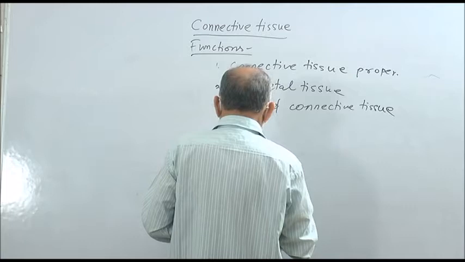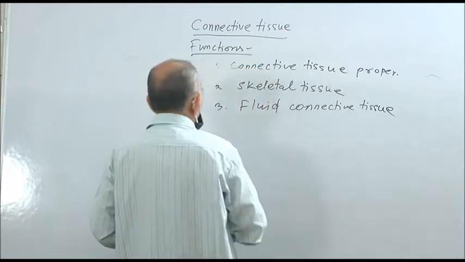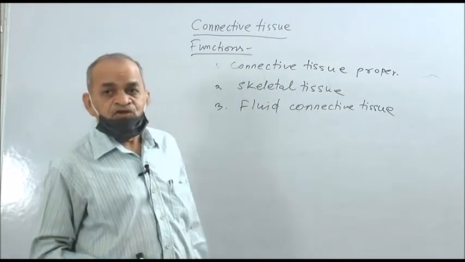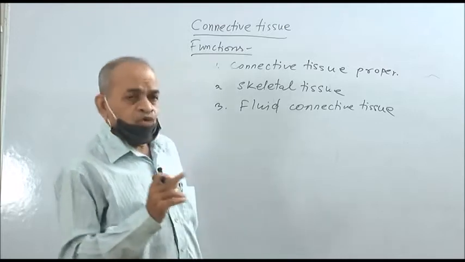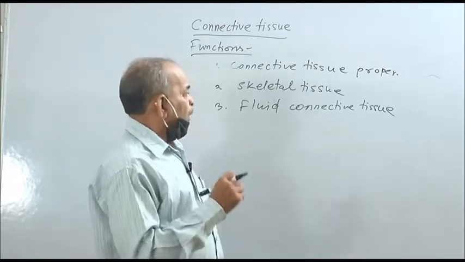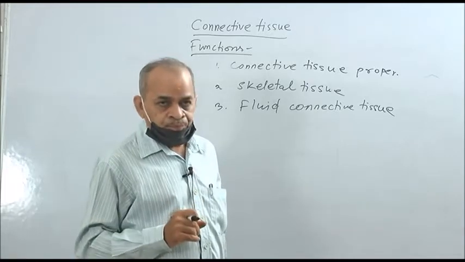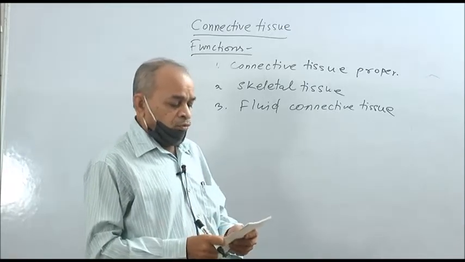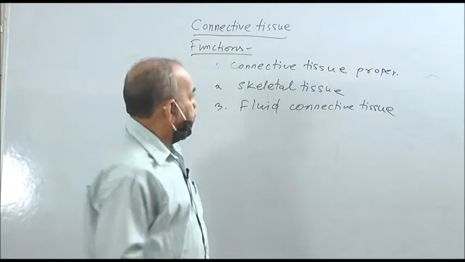So, these are 3 major groups of connective tissue: connective tissue proper, skeletal tissue and fluid connective tissue. First, we will discuss the connective tissue proper.